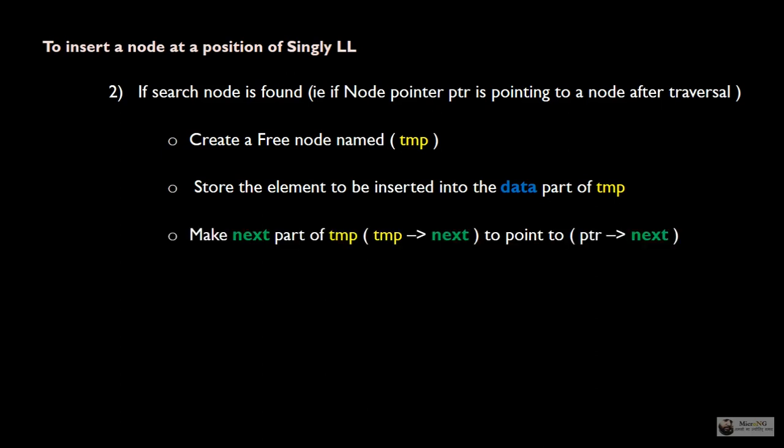To make the connection, first make the next part of TMP, that is TMP next, point to PTR next. And then make the next part of PTR, that is PTR next, point to temp. So two connections we have to make. One is TMP next should point to PTR next, and PTR next should point to temp, so that it will get joined after a particular node.